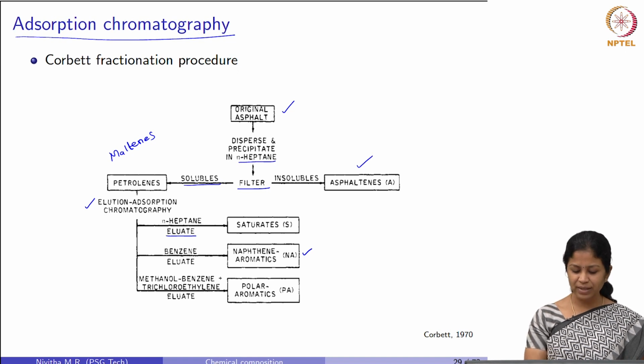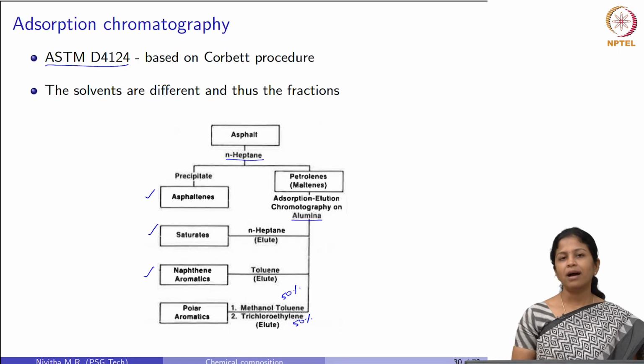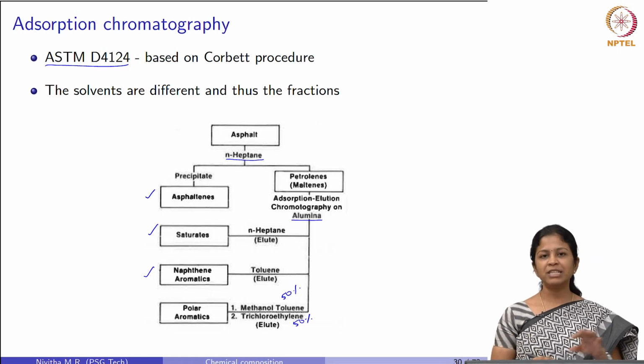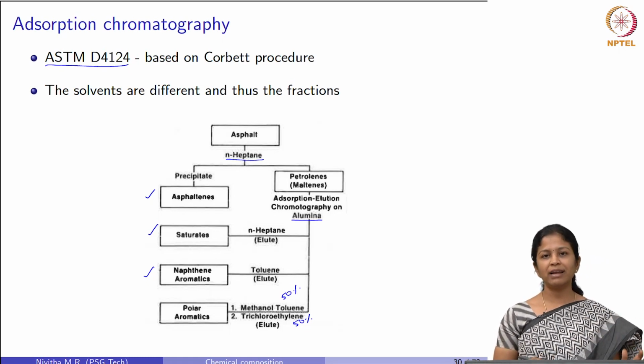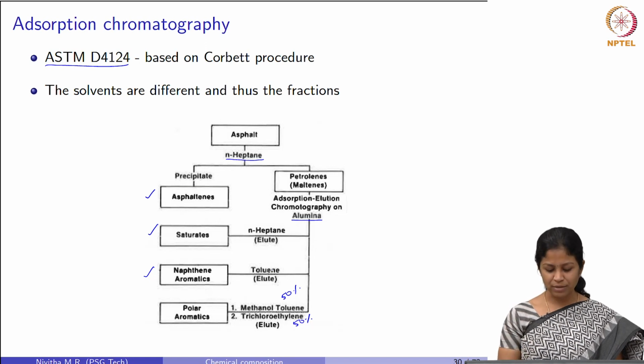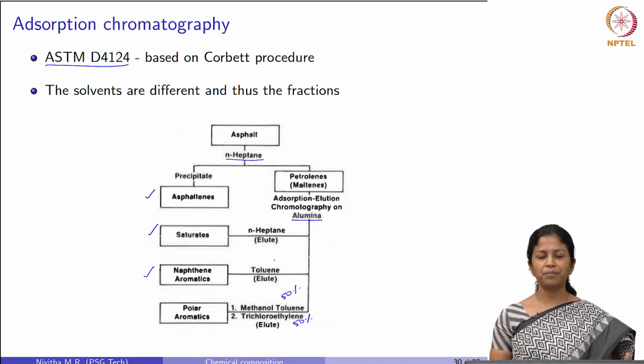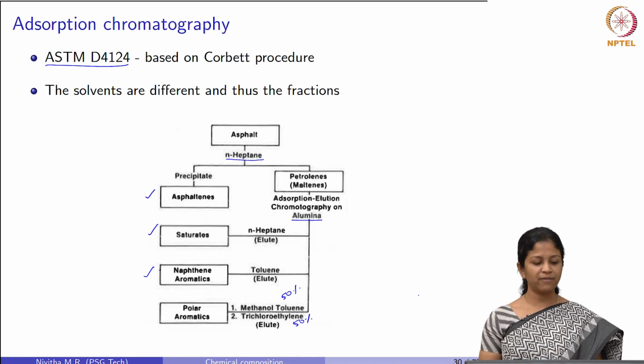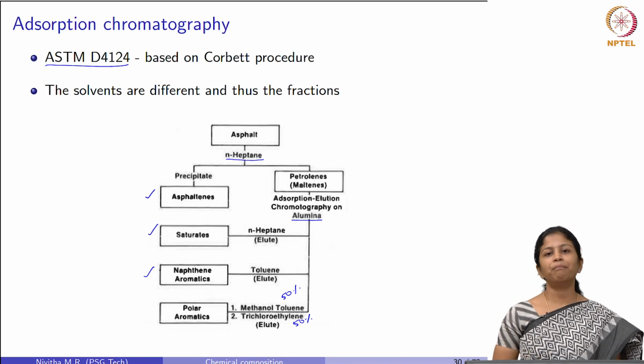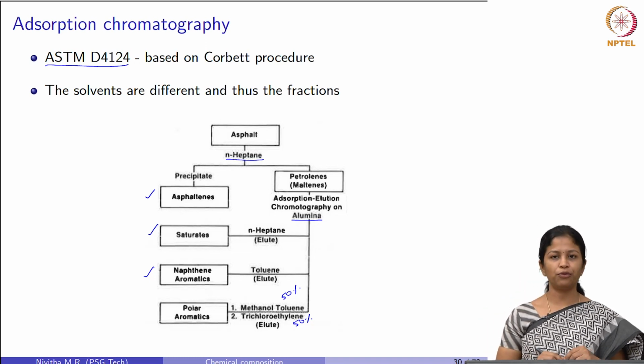In the previous case they used benzene as a solvent. Due to the hazardous nature of benzene, its use in the laboratory is restricted and it was replaced by toluene. That is the major difference between the original Corbett procedure and the procedure given in ASTM D4124.